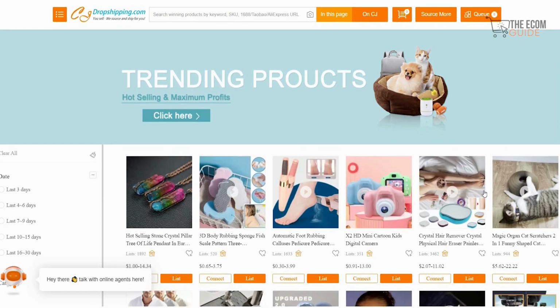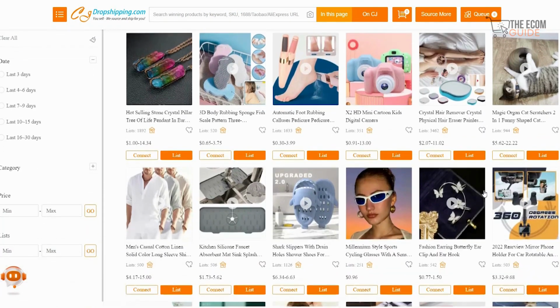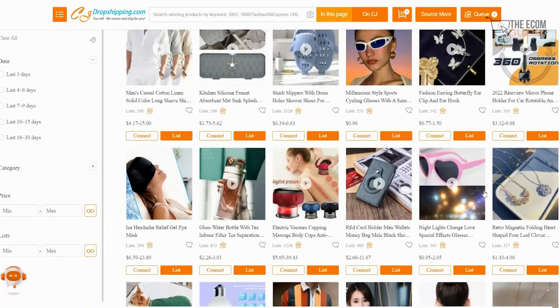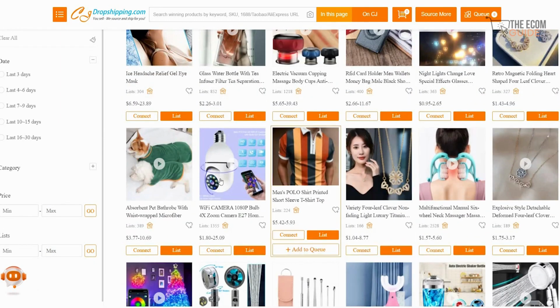So what we're going to do right now is select a product that we feel has potential, and then see if and how much interest exists for that particular product. So we're going to go for this product over here.